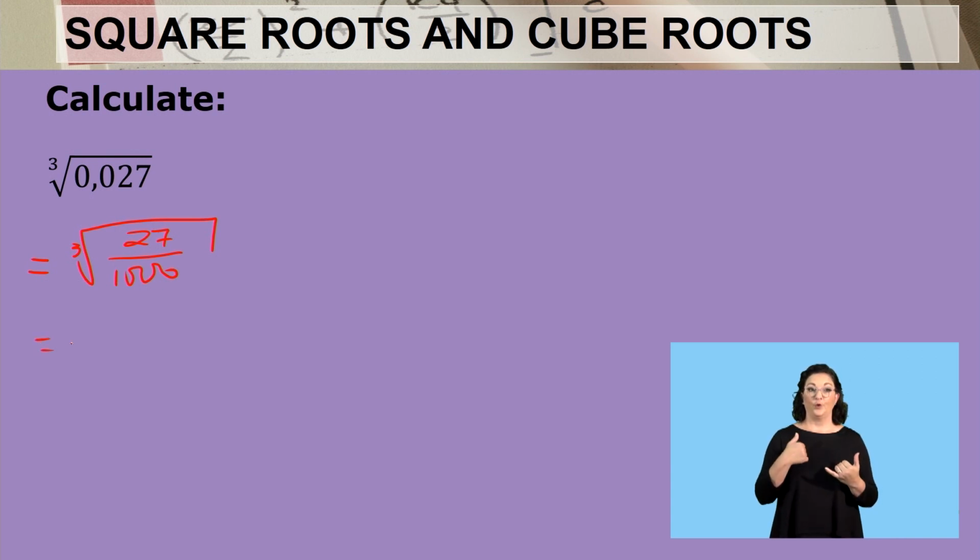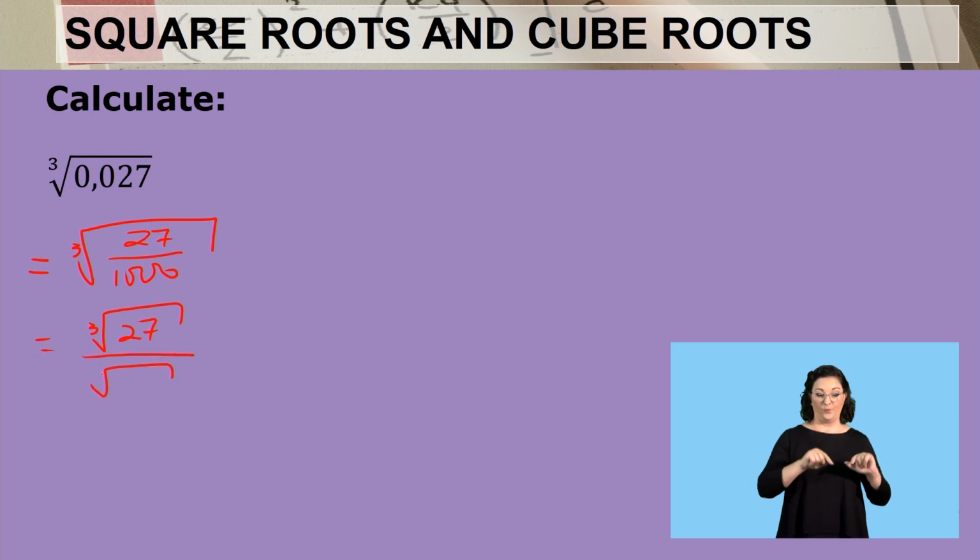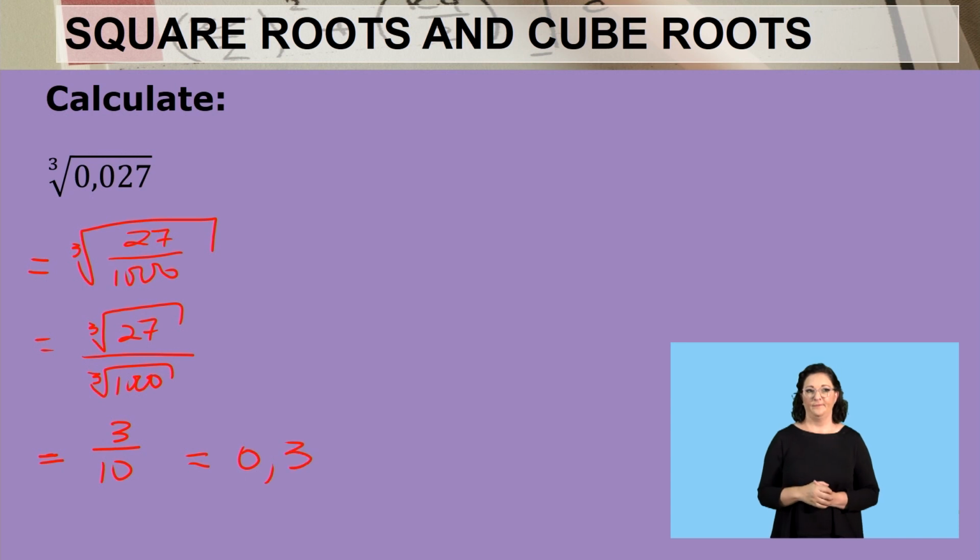Then we say we want the cube root of 27 out of the cube root of 1,000. And this will give you, cube root of 27 is 3, cube root of 1,000 is 10, and your final answer must be a decimal. So you have 3 tenths here. Your answer is going to be 0.3.